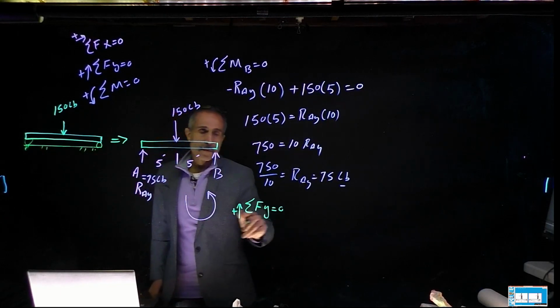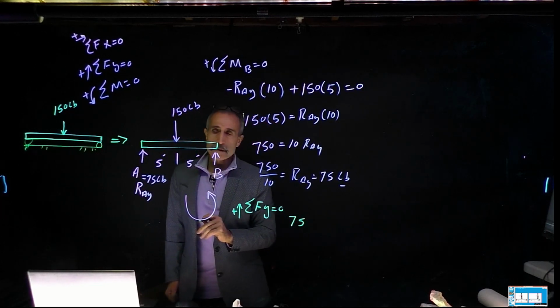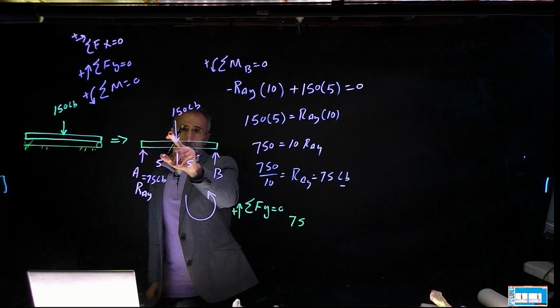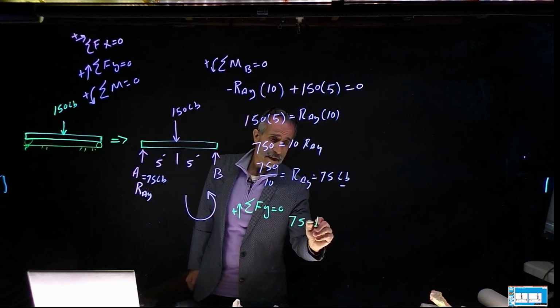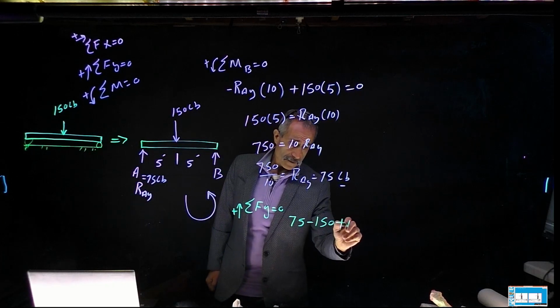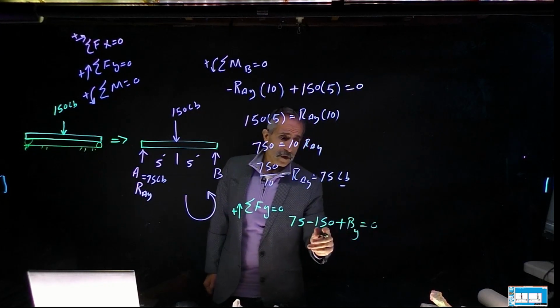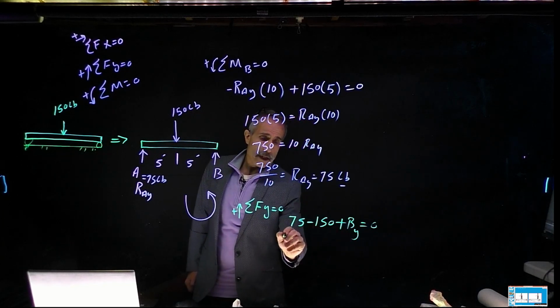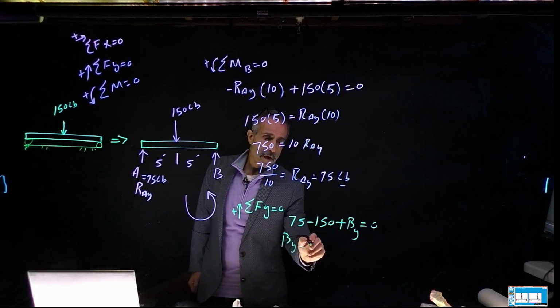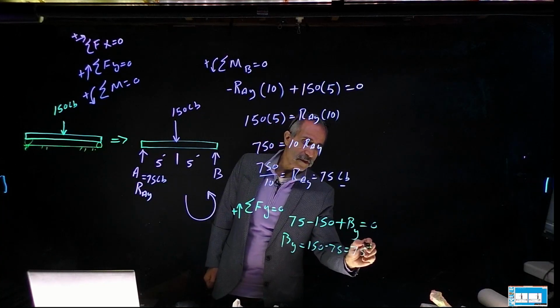We know this one, which is 75. And we said going up is positive, so this is positive. Then this is going down, negative, so minus 150. And this one we don't know, plus By. And we said they all come out to 0. Therefore, if I isolate that, By comes out to 150 minus 75, which is equal to 75 pounds.